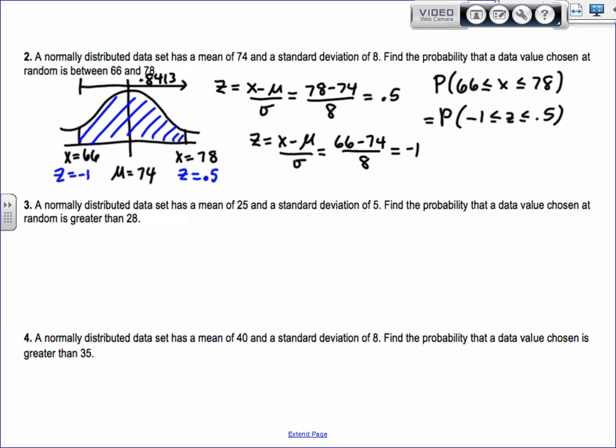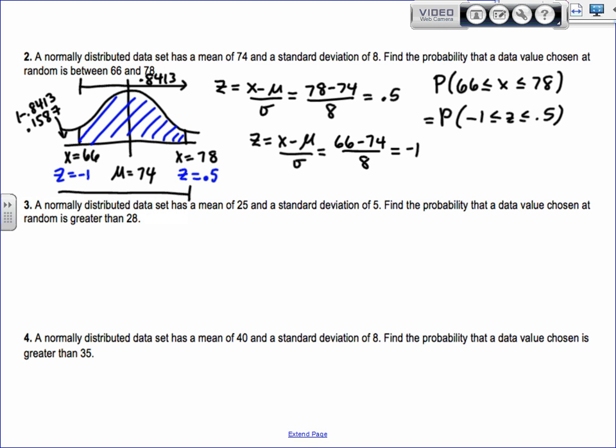So that represents the part on the right side of negative 1. Makes sense? It's more than 0.5, 84%. Okay, so that means its tail is 1 minus 0.8413. So what's it going to be? 0.1587. Do you guys remember that?